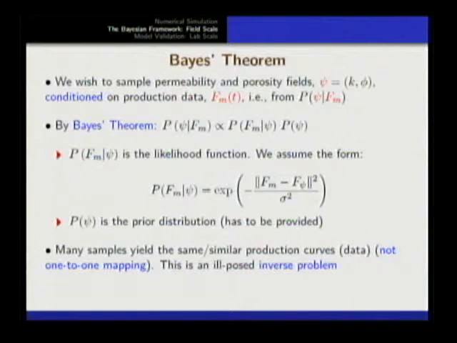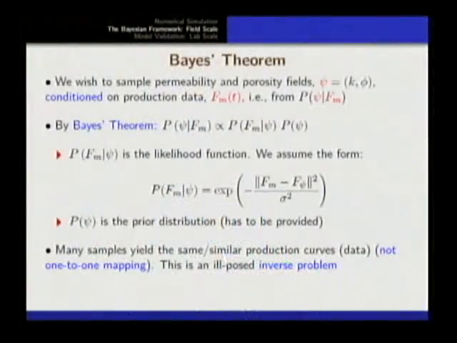And unfortunately, this is an ill-posed inverse problem, right? There are several distributions of permeability and porosity that will end up leading us to very close, very similar production curves. So the way we look at this problem is that we should identify a family of permeability and porosity fields that are consistent with the available dynamic data, and then we run simple Monte Carlo to make predictions of the future.